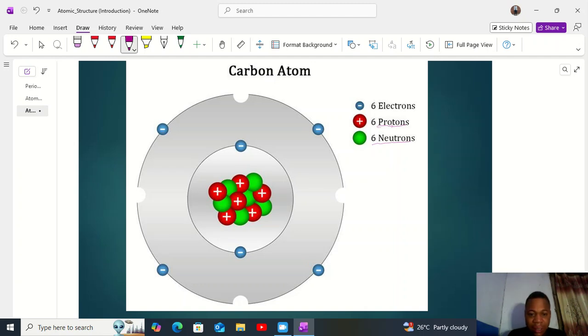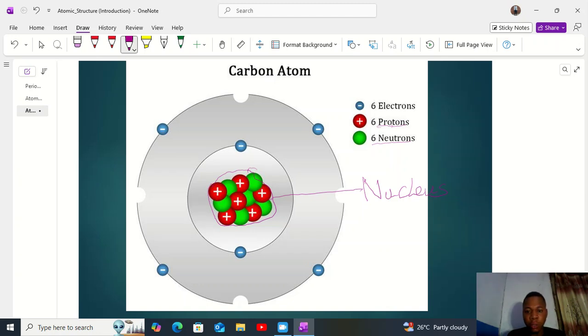This is the nucleus, and the nucleus houses both the proton and the neutron. So this is the nucleus of an atom of carbon, while the electrons occupy the external surrounding. It is outside the nucleus and it is rotating along the shell.